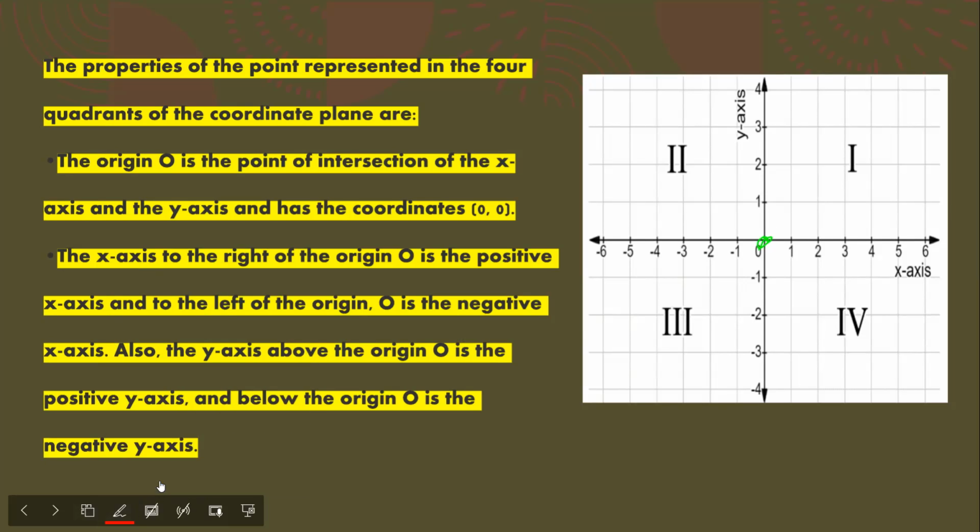The x-axis to the right of the origin is positive, and to the left of origin O is the negative x-axis. Also, the y-axis above the origin O is the positive y-axis, and below the origin O is the negative y-axis.